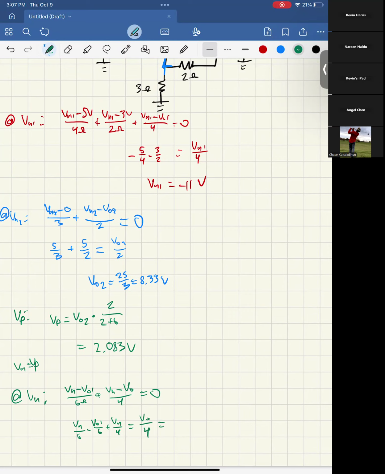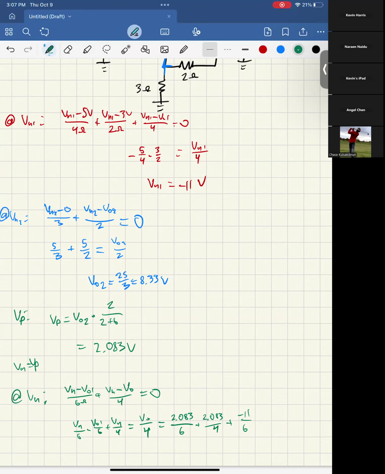So then if we plug things in, we know Vn is 2.083 over 6 plus 2.083 over 4 plus, and then we have V out 1, which we found earlier, is negative 11 over 6, right?